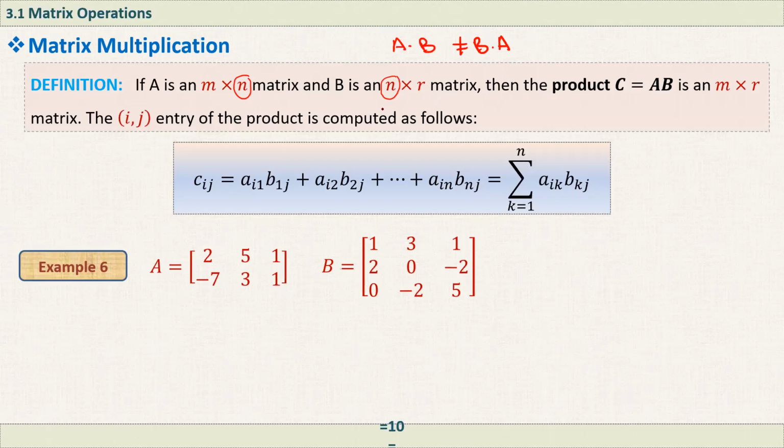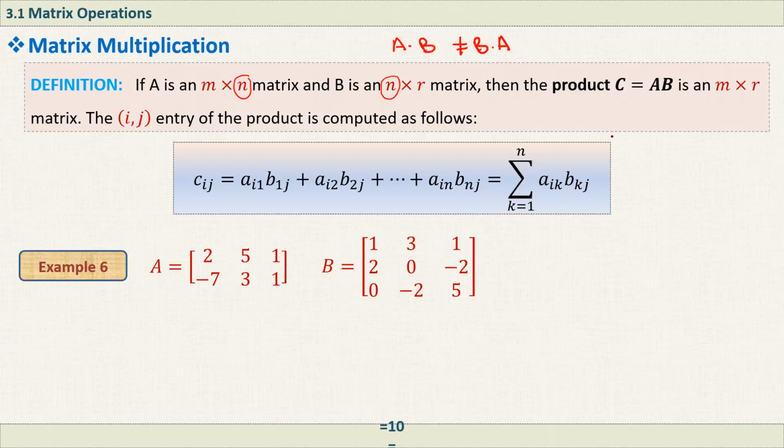We cannot multiply. To be able to multiply matrices, let's say A times B, the number of columns of the first matrix must be equal to the number of rows of the second matrix. Then we can multiply them.